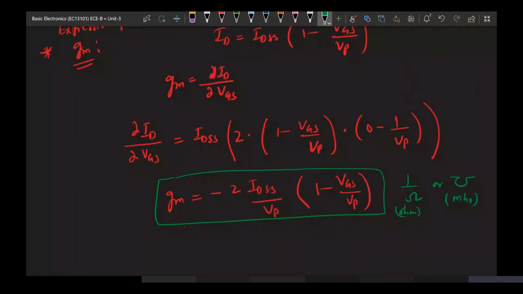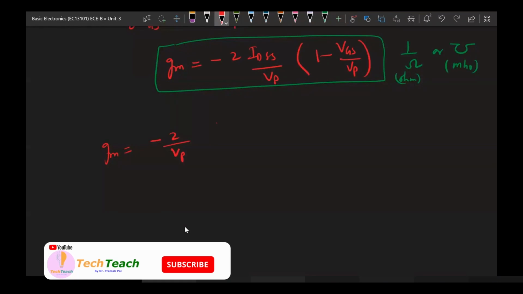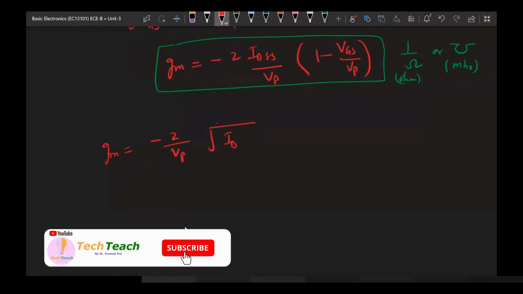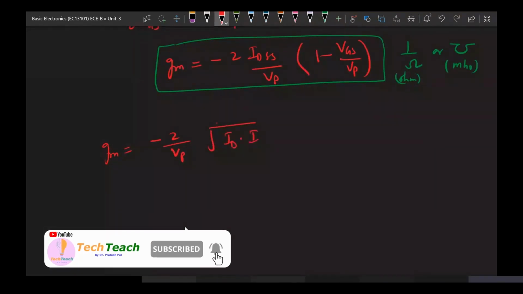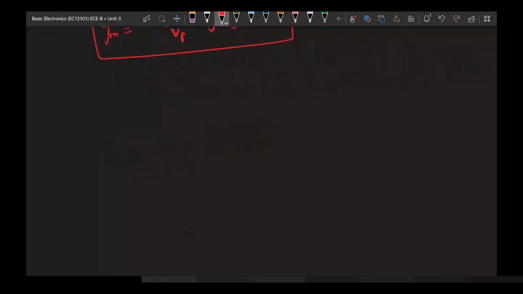I will write the equation: GM is also defined as minus 2 by VP times the square root of ID into IDSS. Once we replace 1 minus VGS by VP using the relation of ID and IDSS, we get this relation.